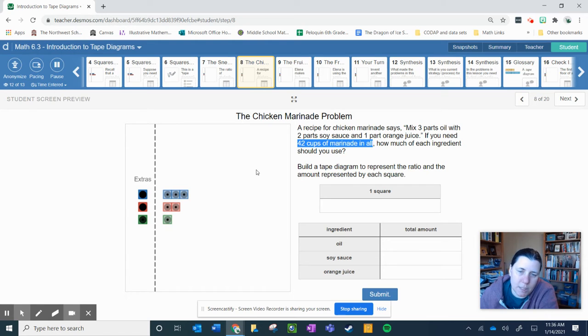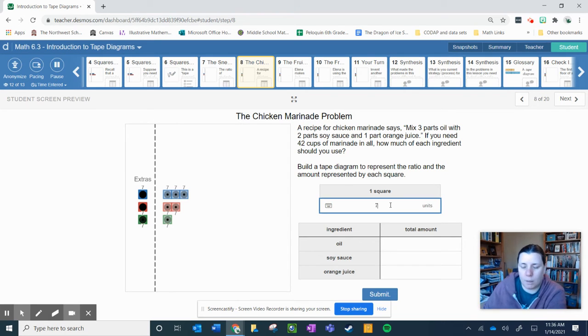So 6 squares represents 42 cups of marinade in all. 42 divided by 6 is 7. So each square represents 7 parts of chicken marinade. So essentially I'm making 7 batches.